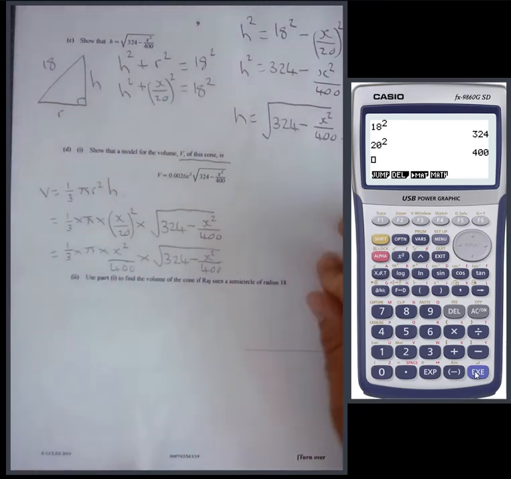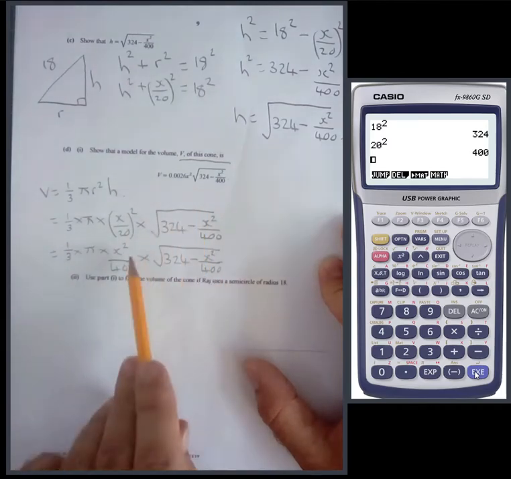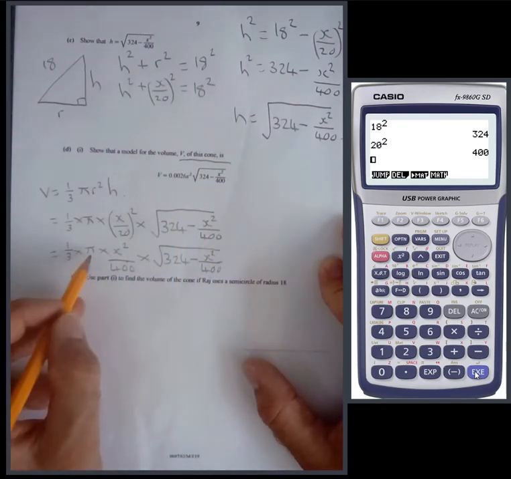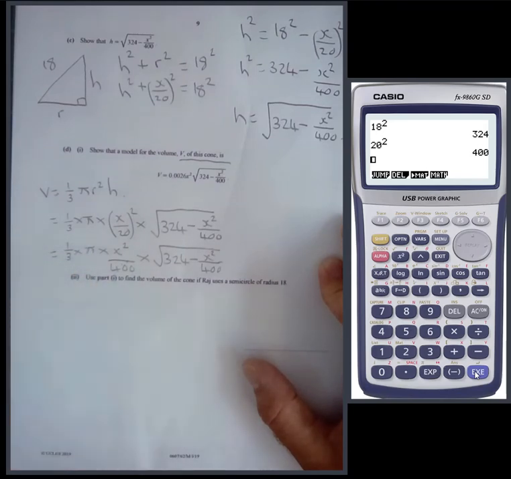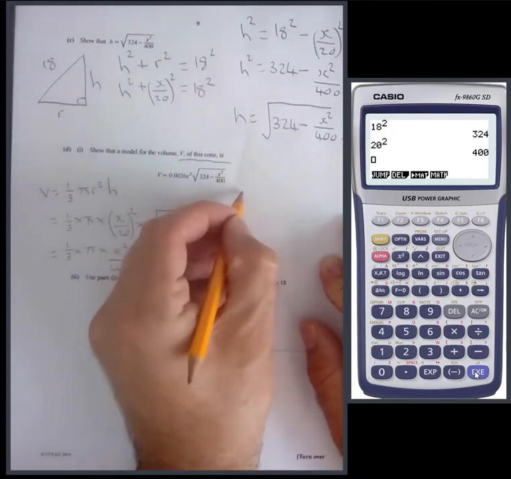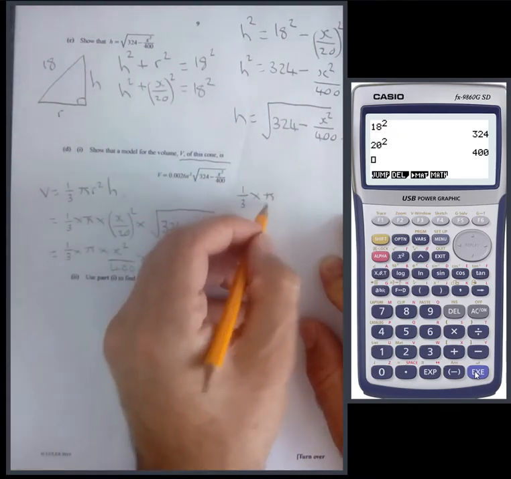So really, you can see here, I've got an x squared and an x squared, and then I just have a number. So I'm hoping that 1/3 times pi divided by 400 is this 0.0026. So 1/3 times pi over 400.